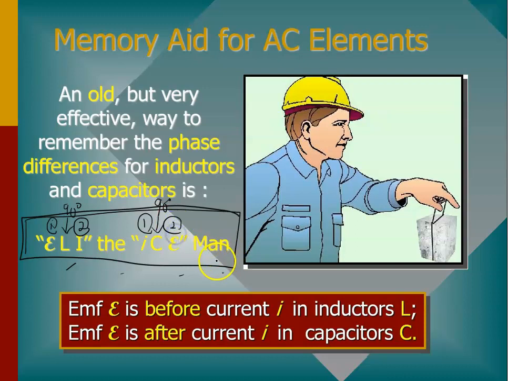So these are the keywords on how to memorize which one leads or lags in each connection of AC circuits. So ELI the ICE man. Right, so that was the three single subtopics when R, L, and C were added into an AC circuit.